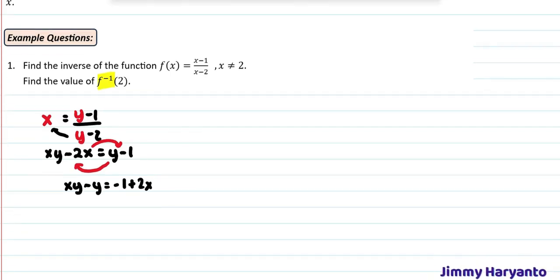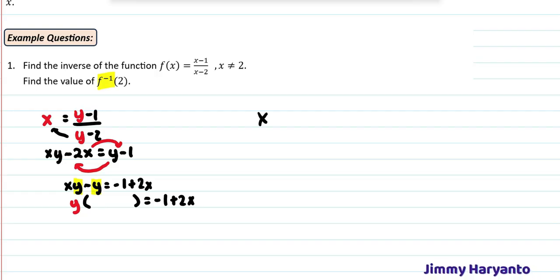And then we cannot calculate this one because they have different variables, so we cannot subtract them. That means you have to factorize the y, because we have a common factor right here, which is y. You can factorize the y, just put the y outside the brackets, and then you write down the remaining.